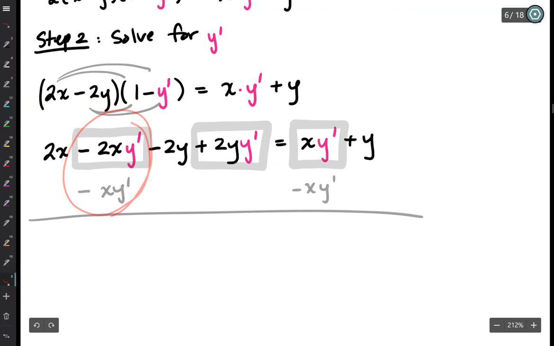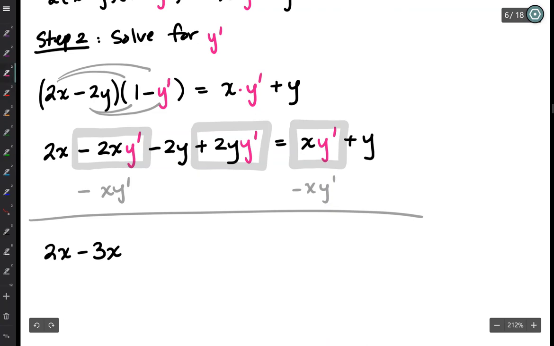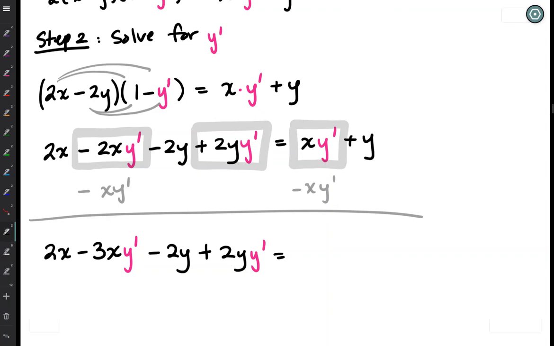Minus 2x y primes minus another x y prime will be minus 3x y primes. So we got 2x minus 3x y primes minus 2y plus 2y y prime is equal to x y prime minus x y prime is 0. We did that on purpose. Plus y is just y.